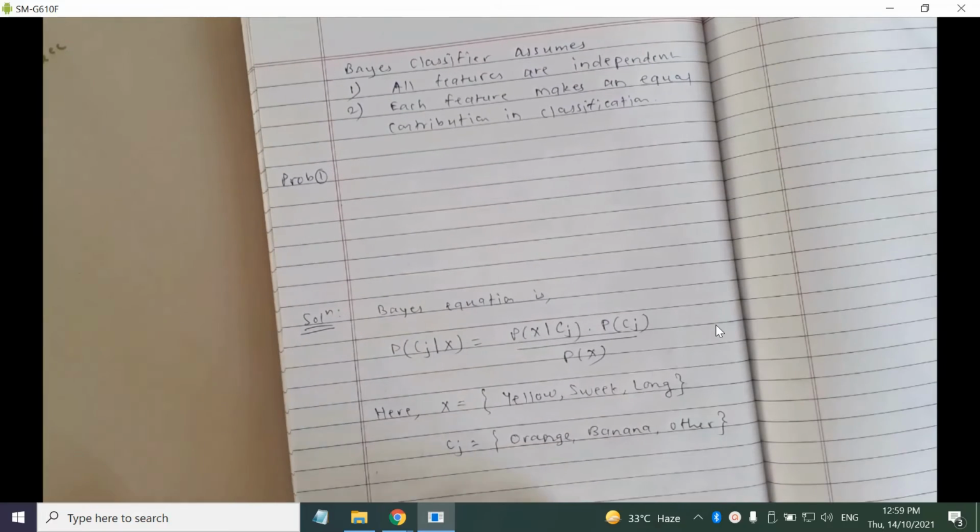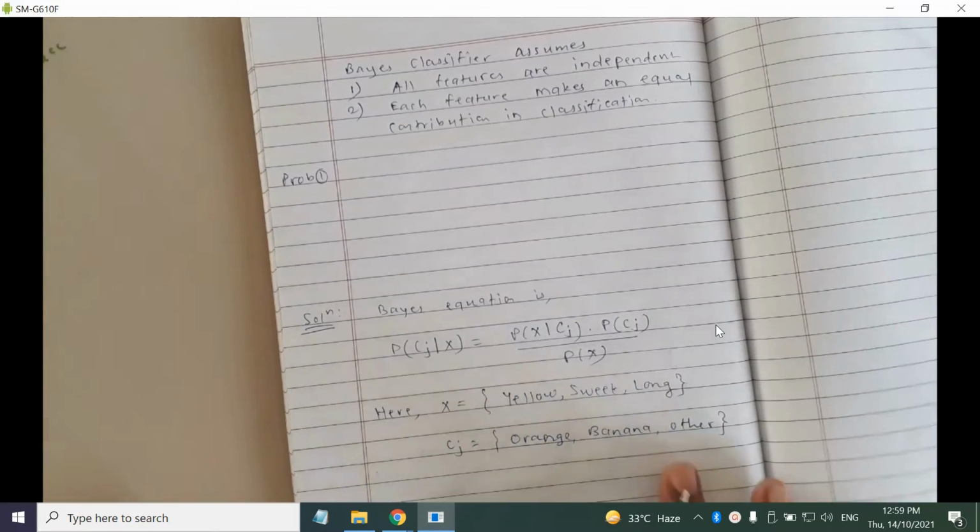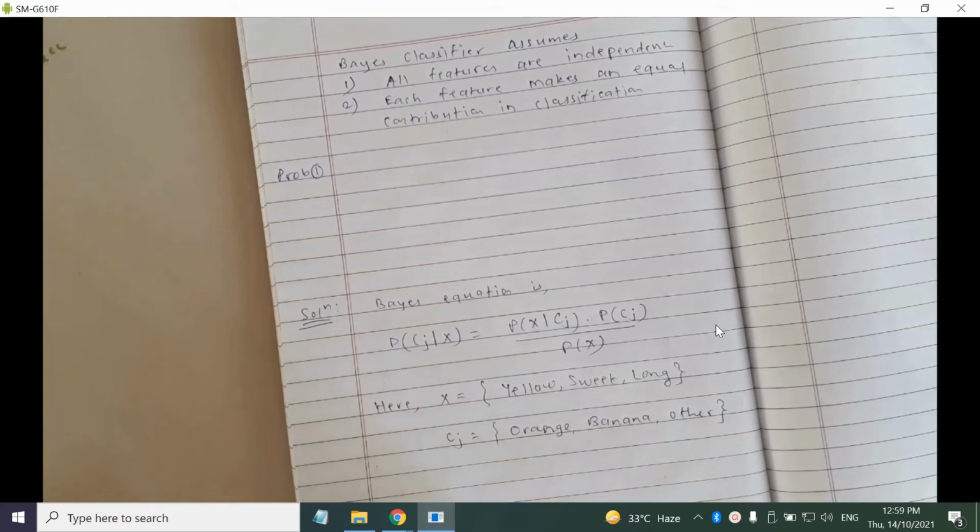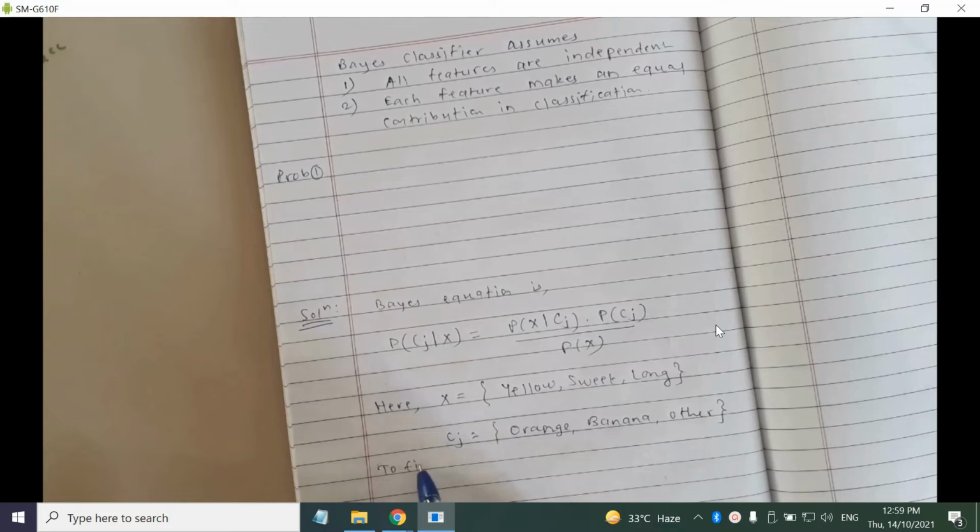These are my classes, right? Now we have to classify this instance in these 3 categories, whether it belongs to orange, banana or other. So our aim is to find the probability of, so put the value of each Cj in this equation.